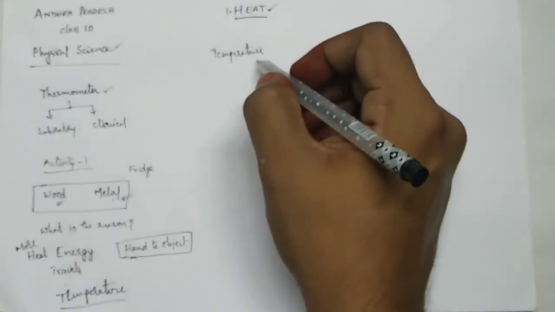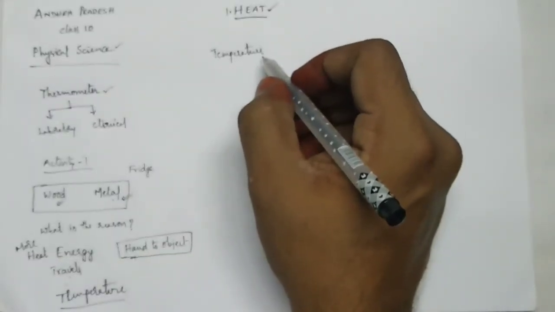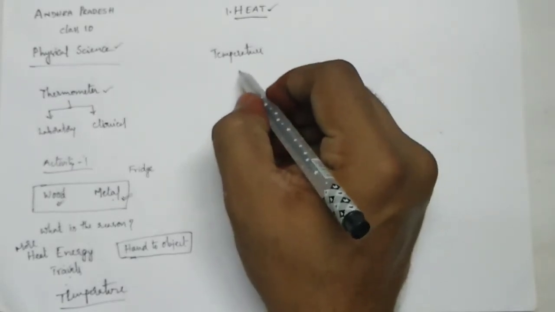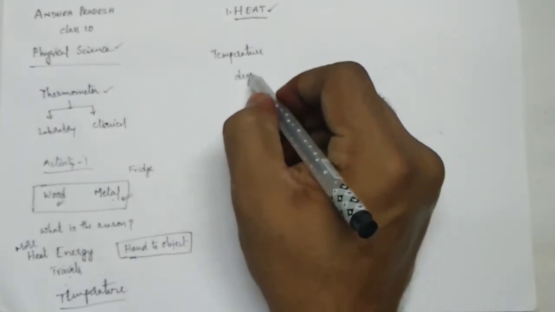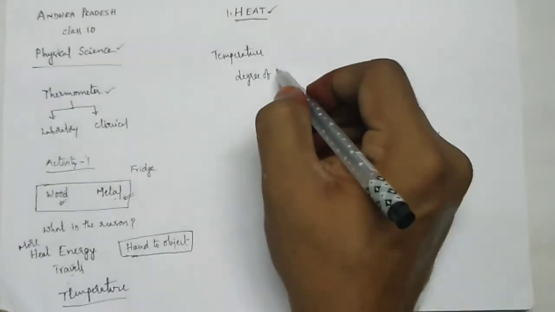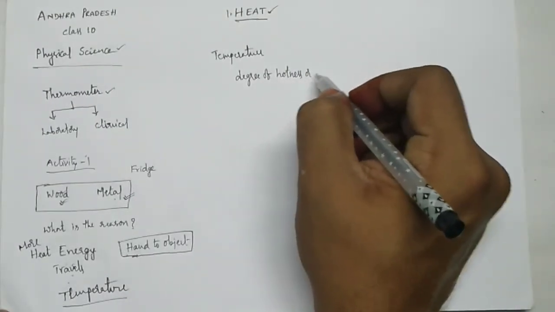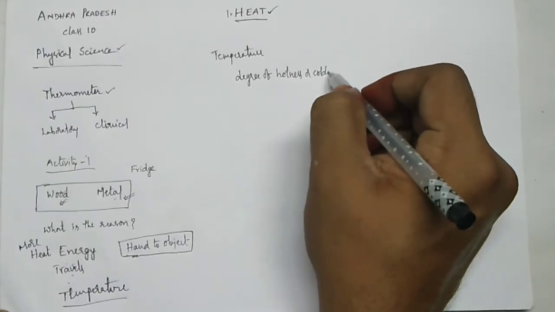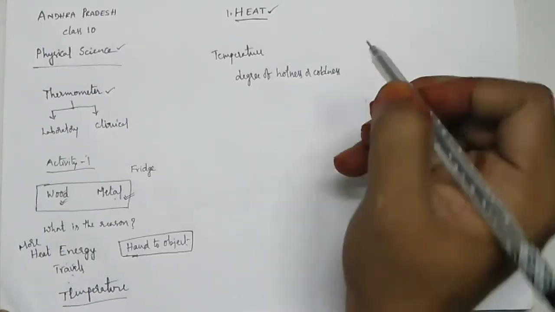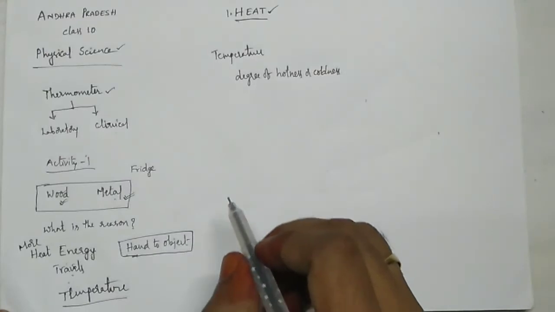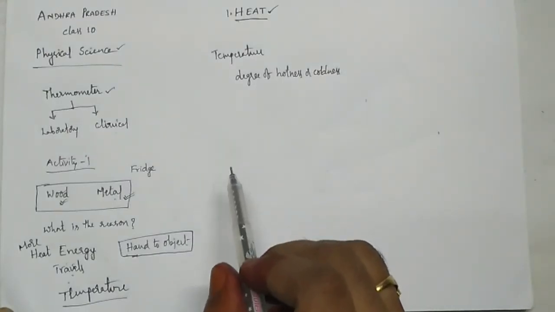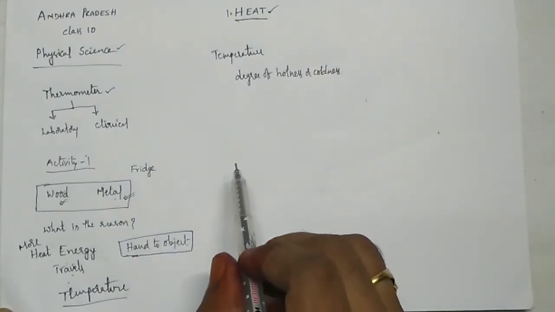Temperature can be expressed in simple words as the degree of hotness or coldness. Right, this is the conventional definition for temperature.